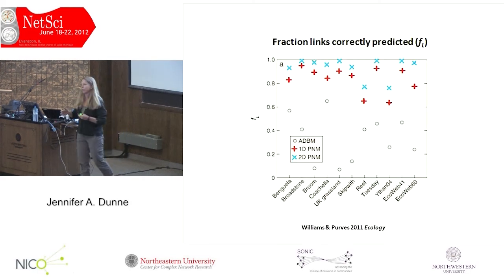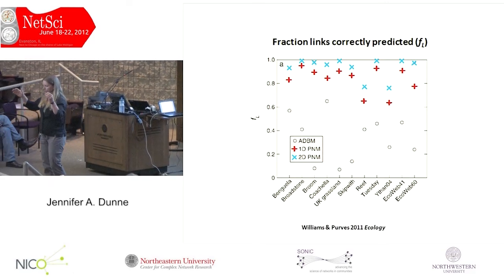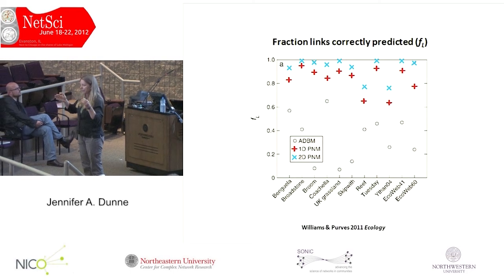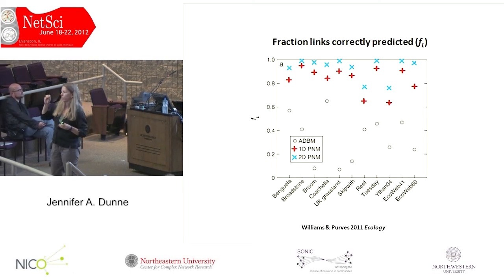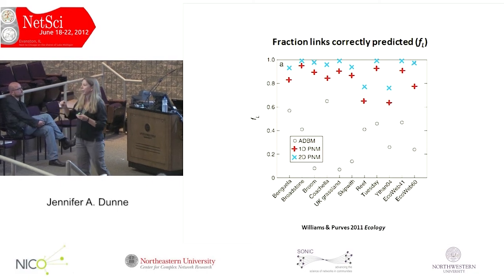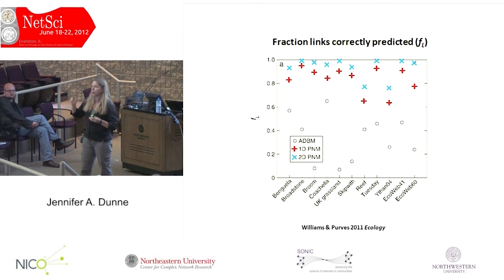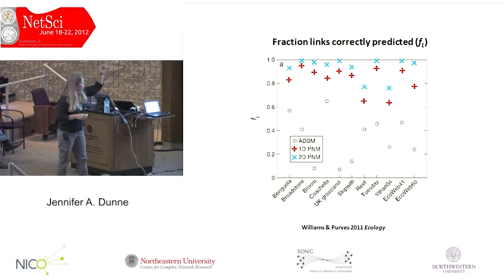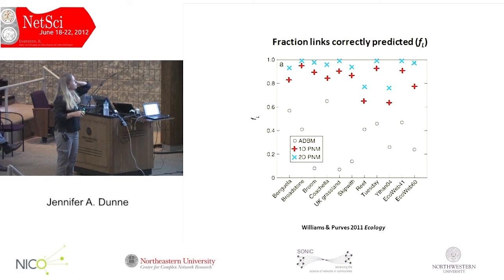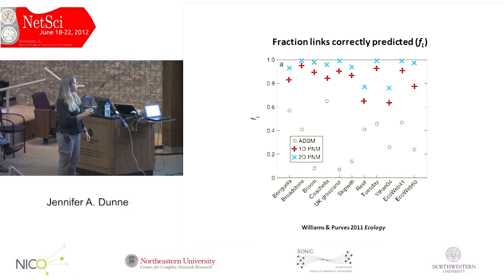It looks at the overall structure and the detailed structure of the entire network, so you can see the fraction of specific links that are correctly predicted by this type of model. That allows you to start comparing across different models. This graphic shows the fraction of links correctly predicted by 3 different models across several different food webs.